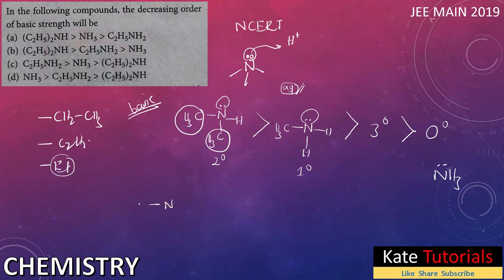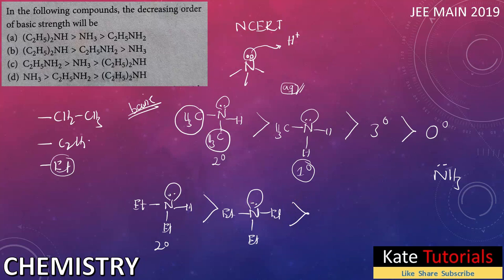So this is a secondary amine, no doubt it is more basic. Here in methyl, primary amine was more basic than tertiary amine. But here in ethyl, the tertiary amine will be more basic than the primary amine, right? Last comes 0° amine, no doubt, that is ammonia.